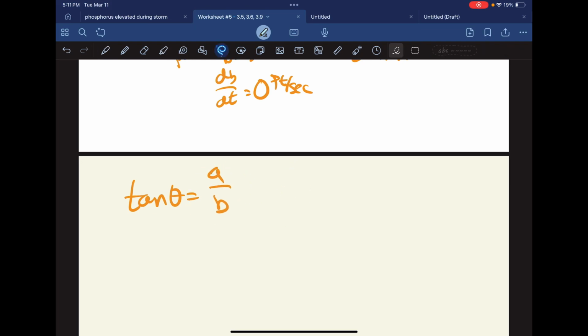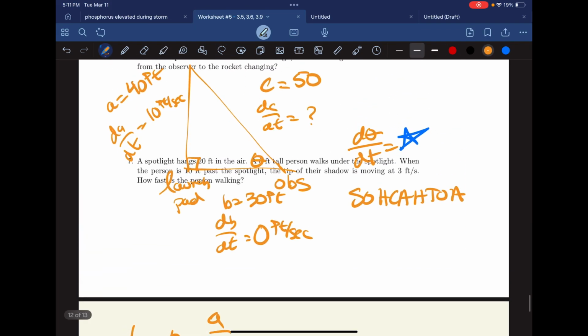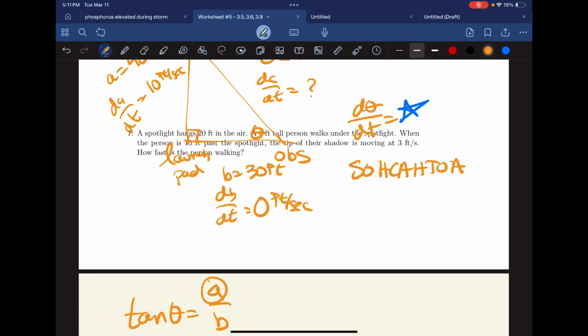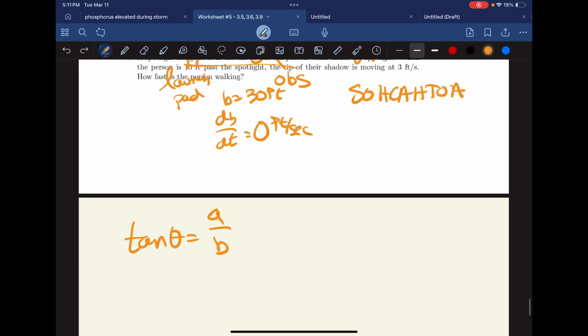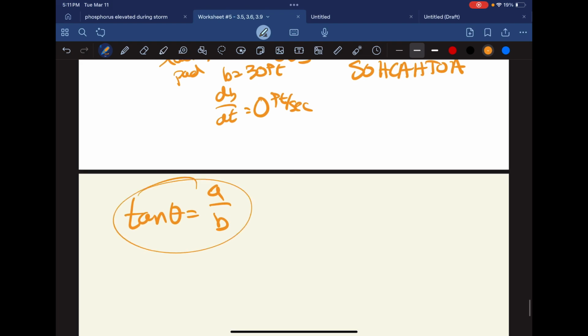Now, we're looking for d theta/dt. So you might just plug in 40 here, 30 here, call it a day. But that's not going to get you d theta/dt, which is what you're looking for. You have to take the derivative here, because the derivative of tan theta is secant squared theta times d theta/dt.